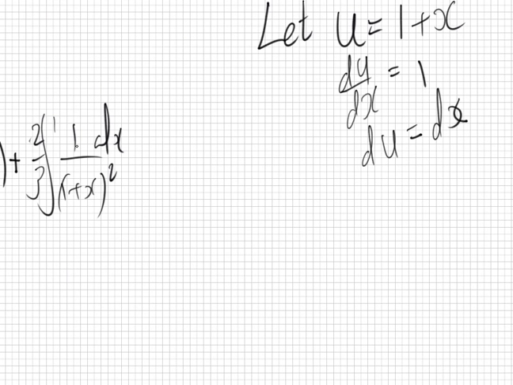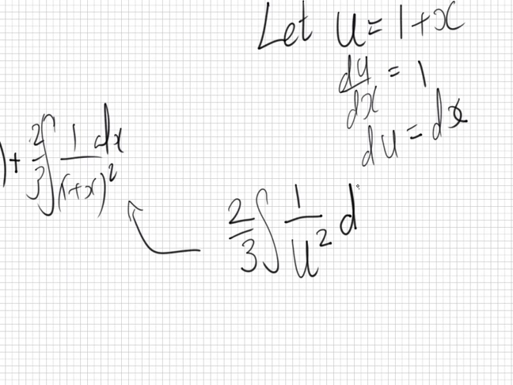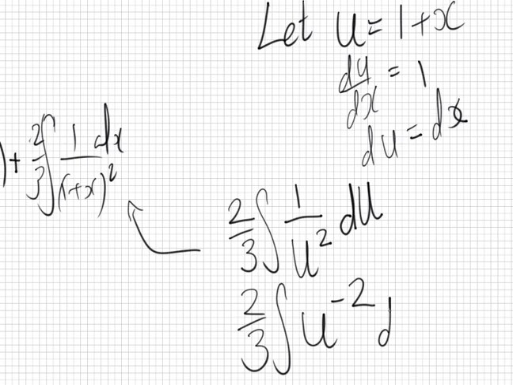So going back here, this one now becomes 2 over 3, 1 over u squared times du, which can be rewritten as 2 over 3 u to the minus 2 du.